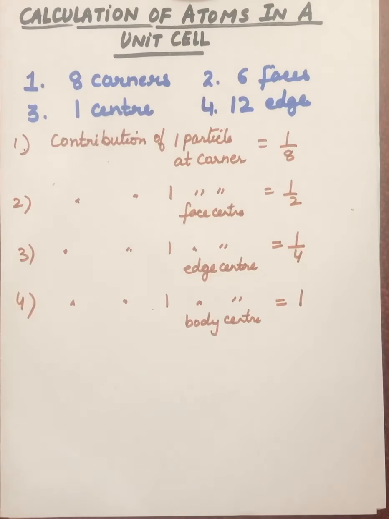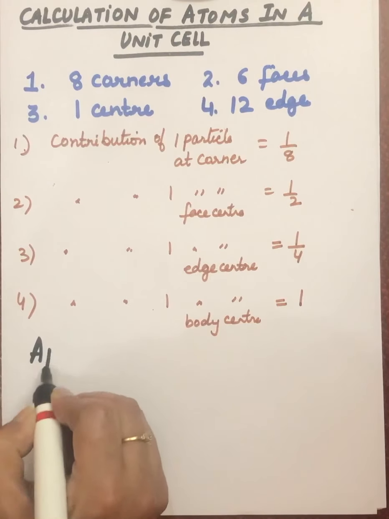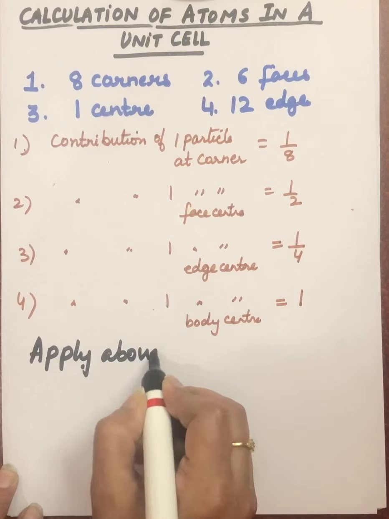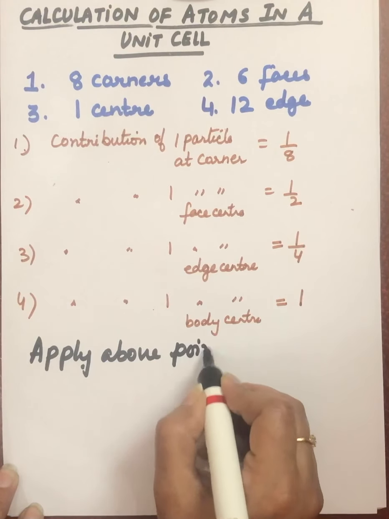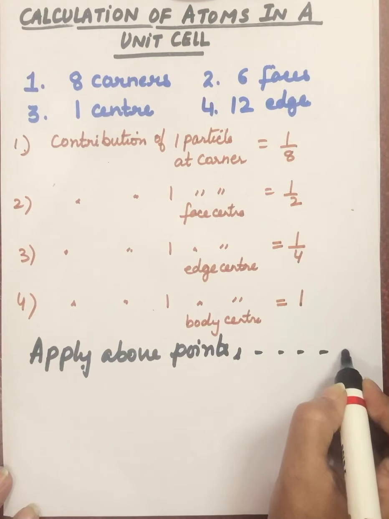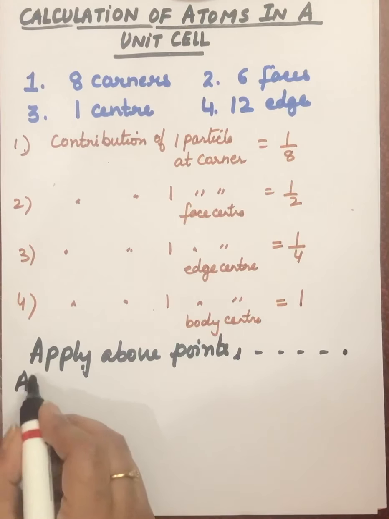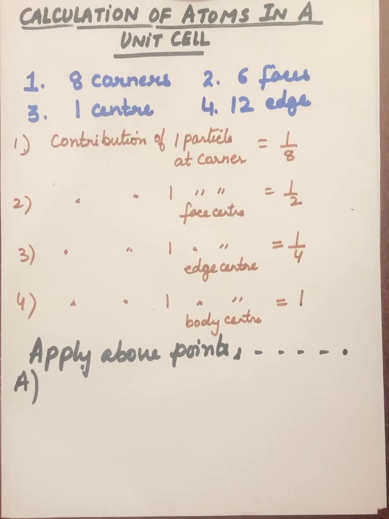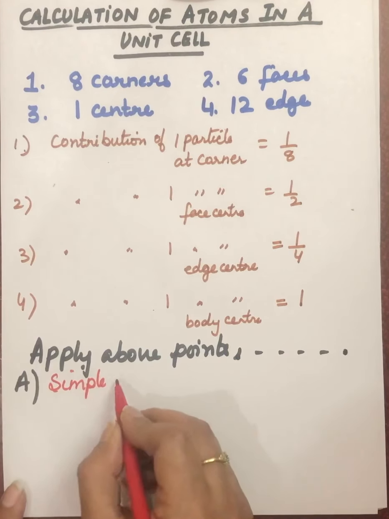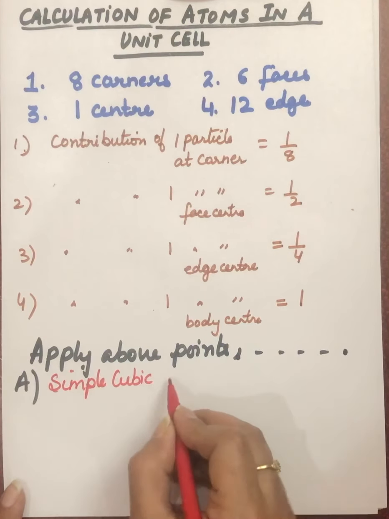Now, when we apply the above points, we will get the number of atoms in different cubic unit cells. So first I am taking a simple cubic unit cell.